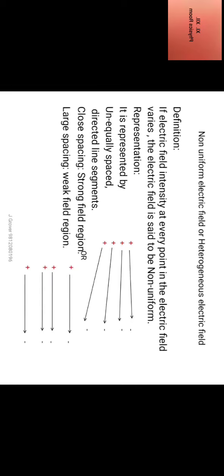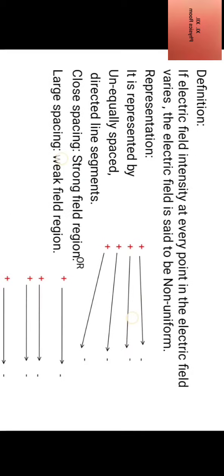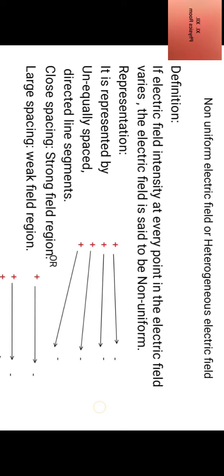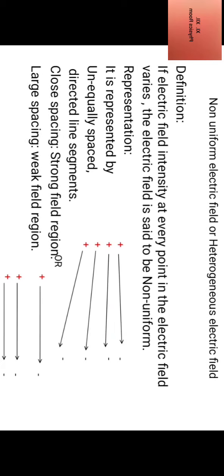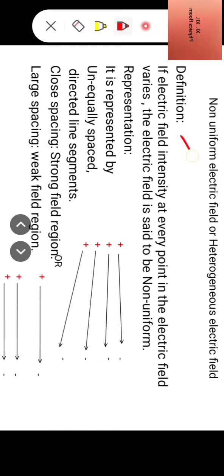Now we come to non-uniform electric field. How do we define non-uniform electric field? Then we'll talk of its representation. If electric field intensity at every point in the electric field varies, either in magnitude or in direction or in both, then the electric field is said to be non-uniform.